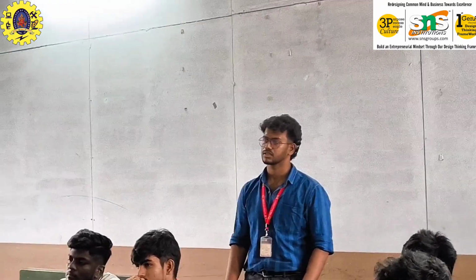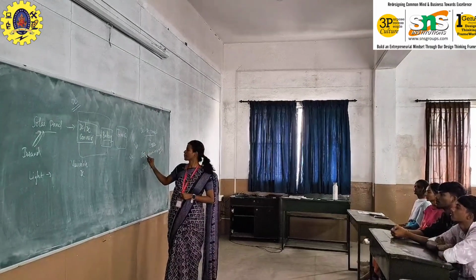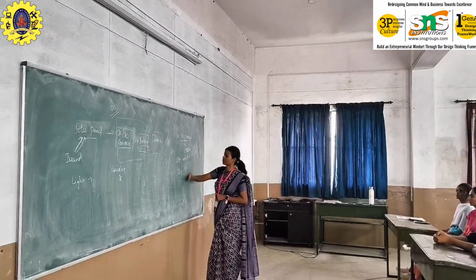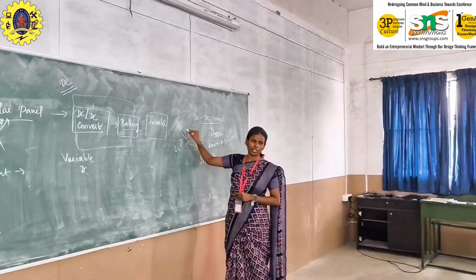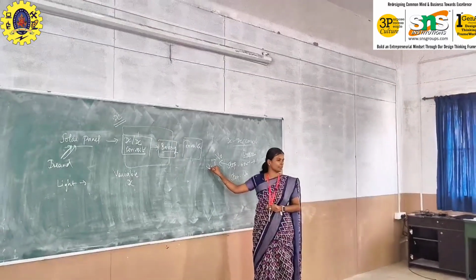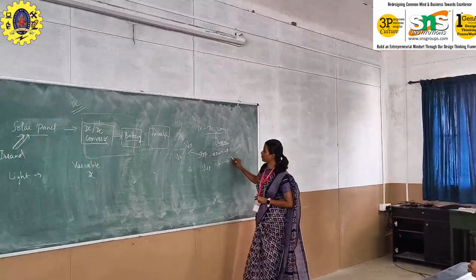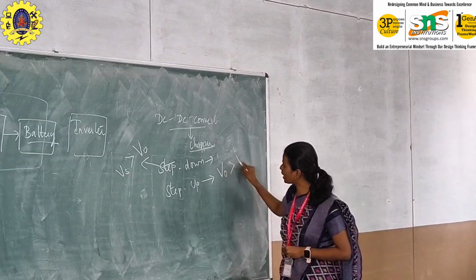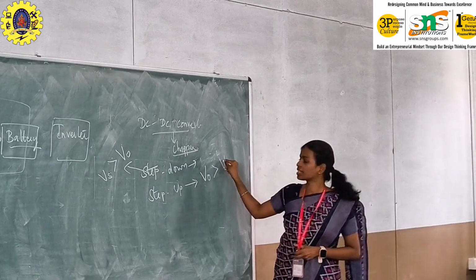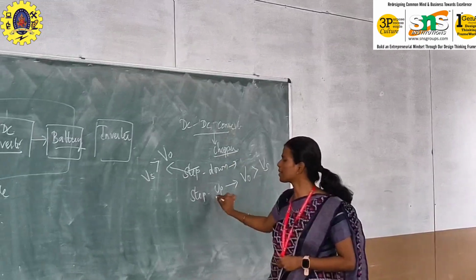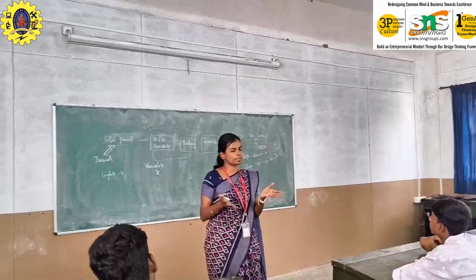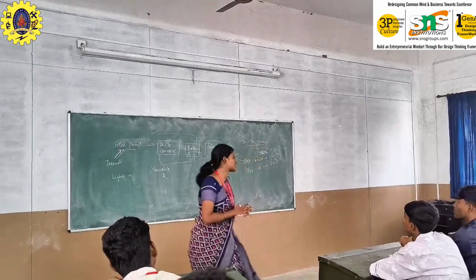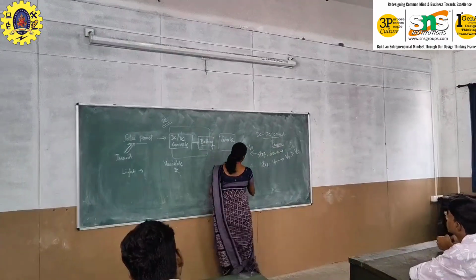With a supply voltage and an output, a step down converter reduces: your output will be less than your supply voltage. In step up, your output will be greater than your supply voltage. If we need to do both, it's possible. Yes, we can use a buck boost converter.